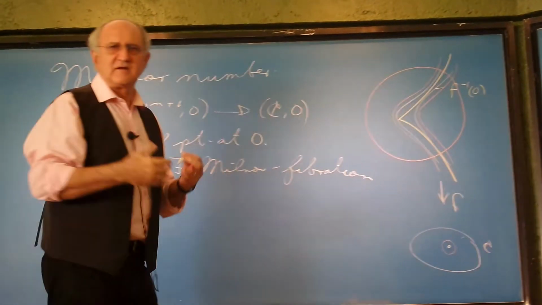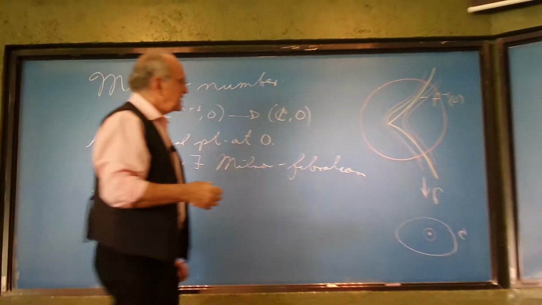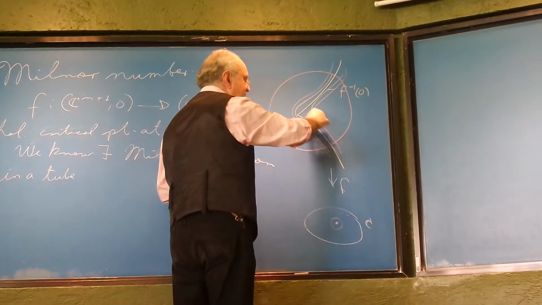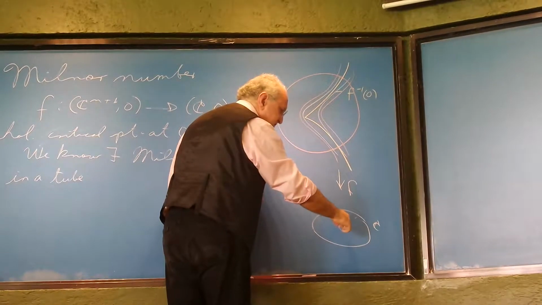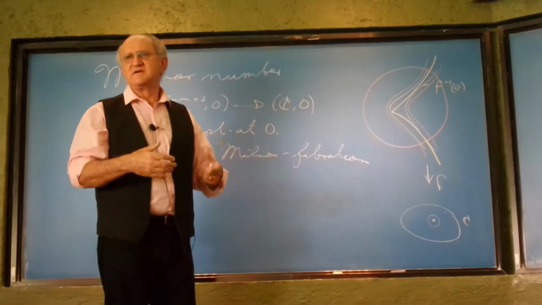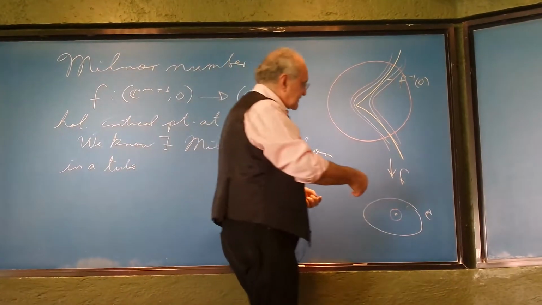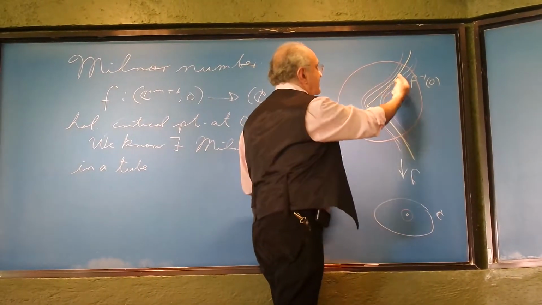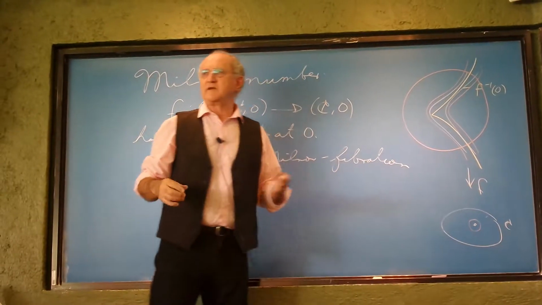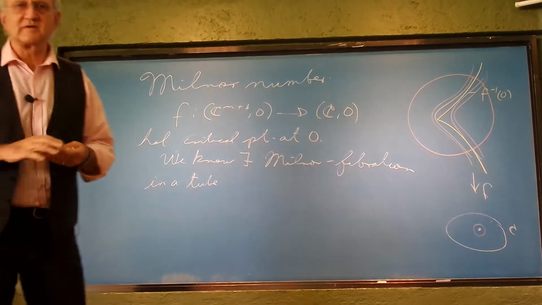And then the Milnor fibration is taken by taking this cube minus the central fiber and projecting it to the disk minus the point. That's a local fibration. And sometimes we take only the boundary of it, which is mapped into the boundary circle. That's also called a Milnor fibration, whatever you want.